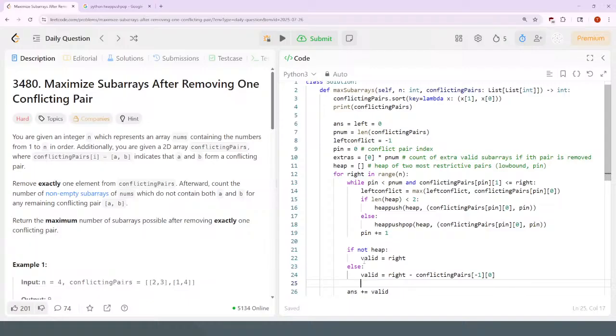And then I'll say, do I need another if statement here? Maybe. Extras of removing this restriction, where this restriction is the conflicting pair.